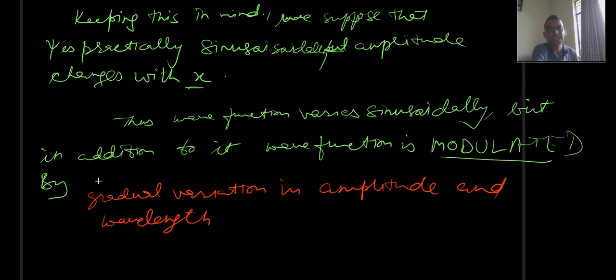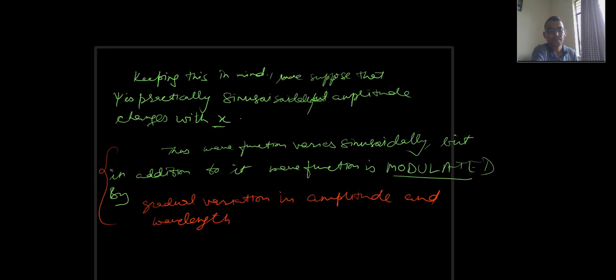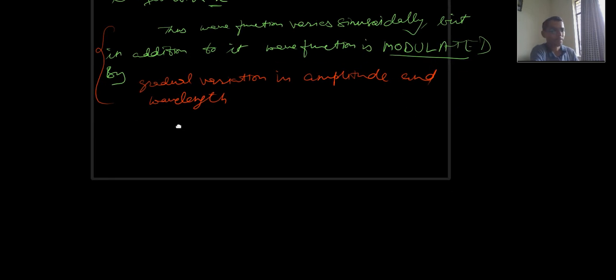Let us try to understand this line diagrammatically. So suppose it is the energy and the potential is like this.